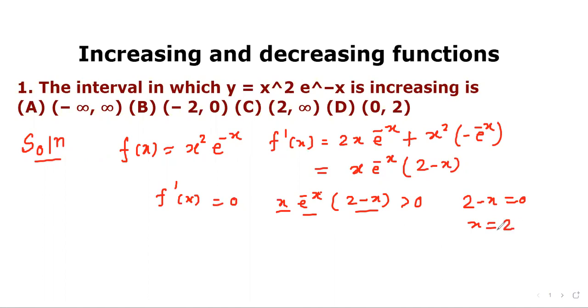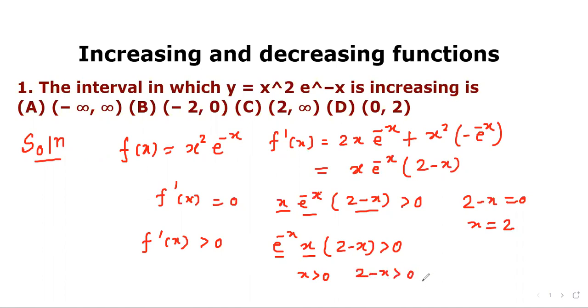Now, for function to be increasing, f dash x must be greater than 0. That is e power minus x times 2 minus x must be greater than 0. Here, e power minus x can't be 0. So x is greater than 0, or 2 minus x is greater than 0, from where we get 2 is greater than x.